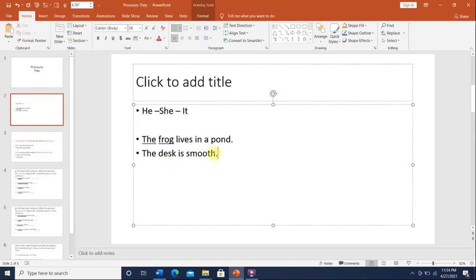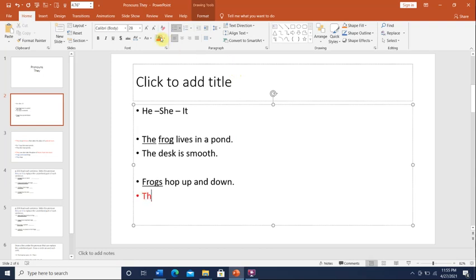But what if it's plural? If, for example, frogs, if I say frogs hop up and down. So here I know that frogs here is not singular, it's plural. What pronoun will I use to replace frogs? Can I use it again? No, I cannot. If the noun is plural, I have to use a different pronoun, which is they.